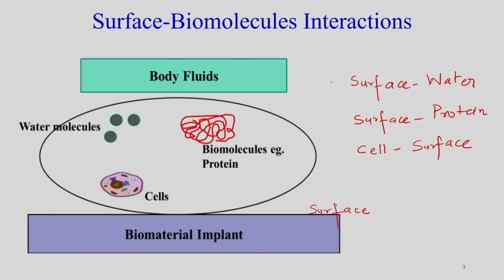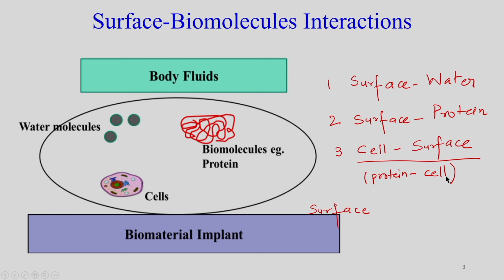So, as a third step, this cell surface interaction looks like the protein and cell interactions, because already adsorbed protein is present on the surface.